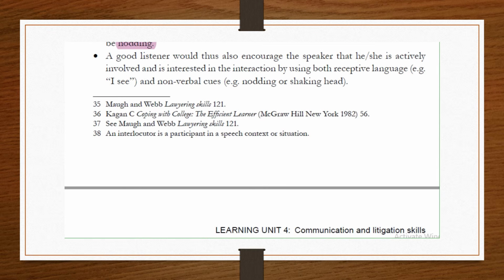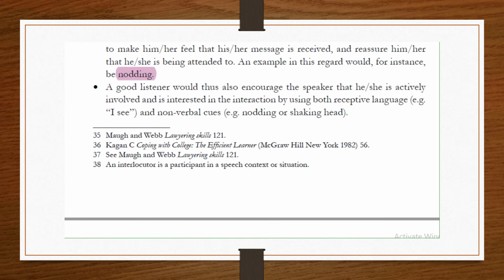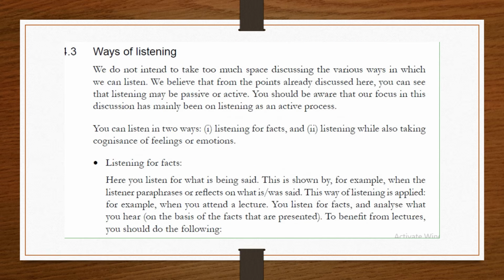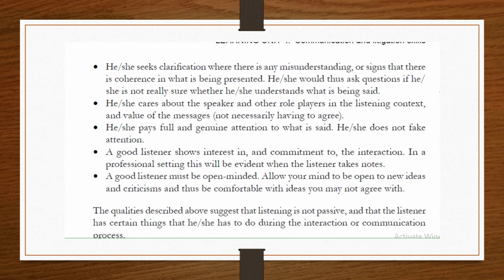There we have our nodding, which still falls part of option A. An example in this regard would, for instance, be nodding. Yes. And okay, I did not highlight the others. I cannot find them, but they are here.